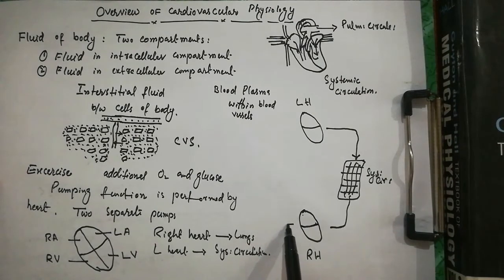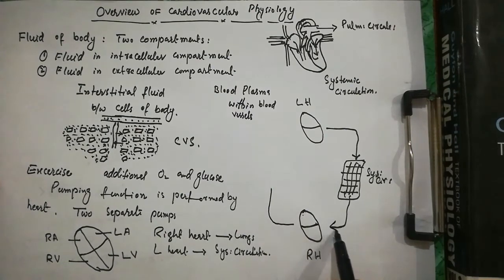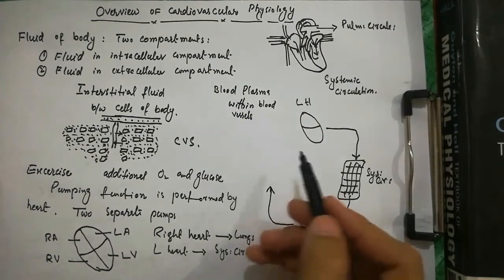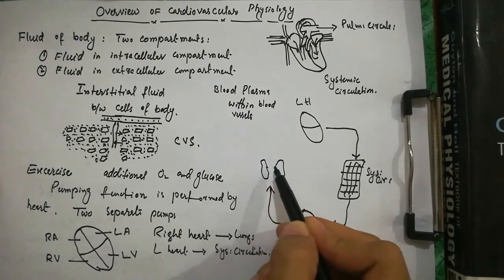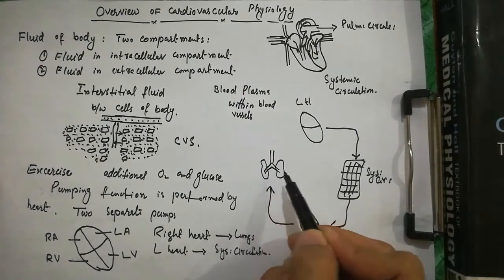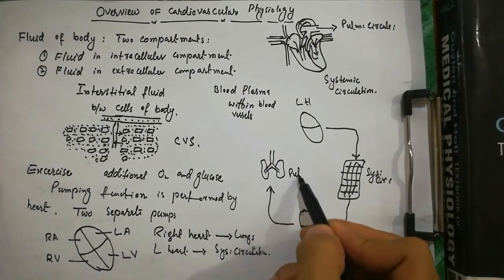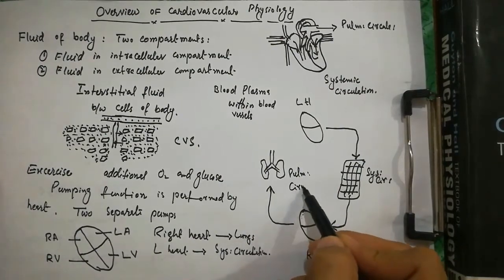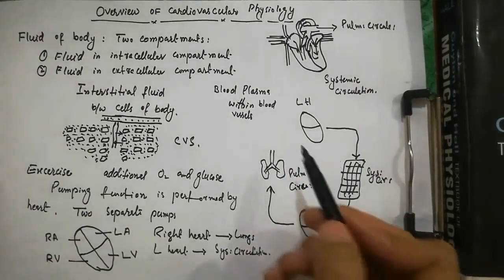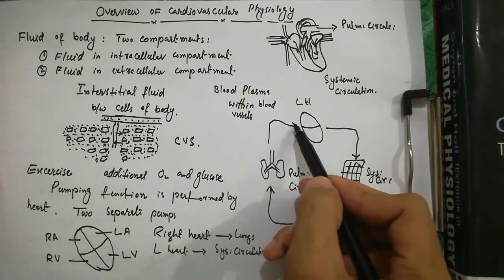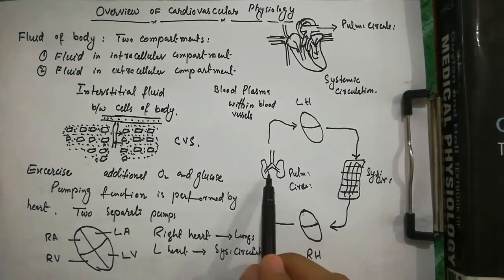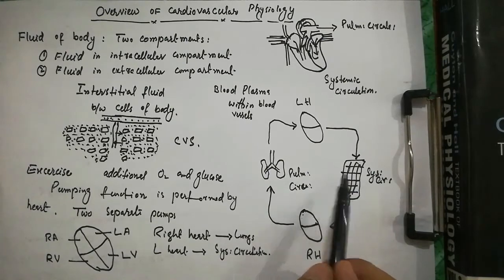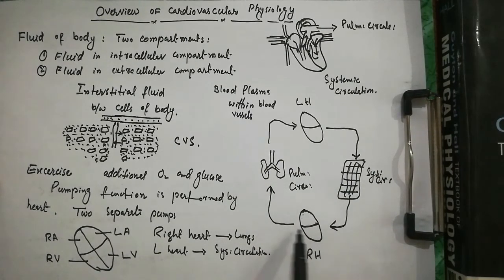From the right heart, blood is pushed into the pulmonary circulation. From the pulmonary circulation, blood reaches the left heart. So the systemic circulation and pulmonary circulation are connected with each other in series.